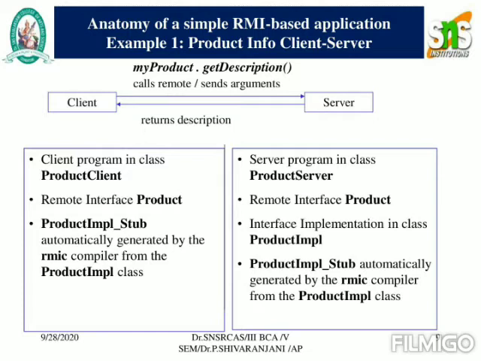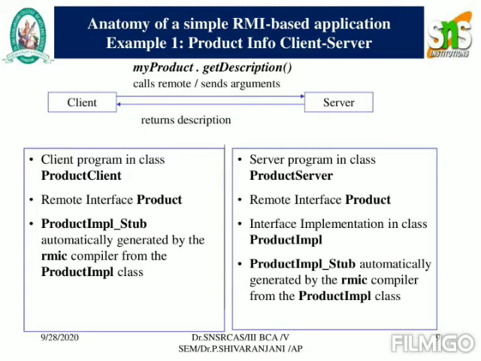This takes place on the client side. On the server side, the server program in the product server will be executed. It will make a remote interface for the product. Then the interface implemented in the product impl will be executed, automatically generated by the RMIC compiler from the product impl classes, and will provide the result as an output for the client.